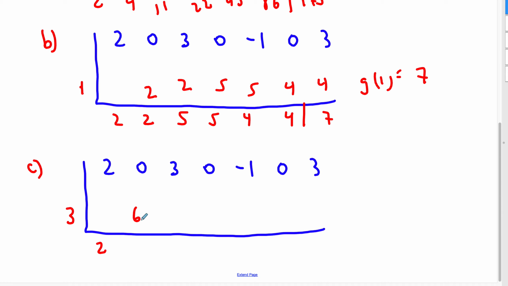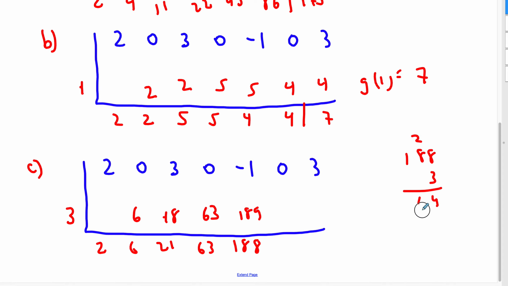2 times 3 is 6, and add. 3 times 6 is 18, and add. 3 times 21 is 63, and add. 3 times 63 is 189, and add. There's 188. Okay, 3 times 188 is 564, and add.